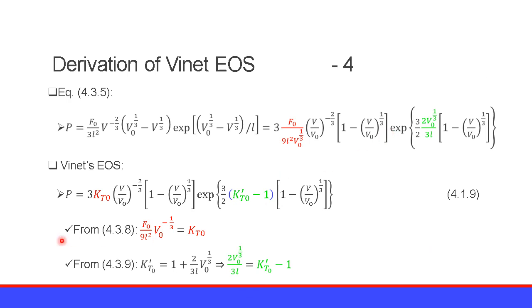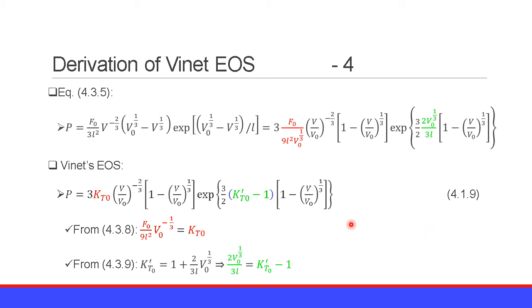As a result, we have Vinet's equation of state: P equals 3 times KT0 times minus 2 (V over V0) to the power of 1/3 times 1 minus (V over V0) to the power of 1/3, times the exponential function of 3 over 2 times (KT0 prime minus 1) times 1 minus (V over V0) to the power of 1/3. Equation 4.1.9.